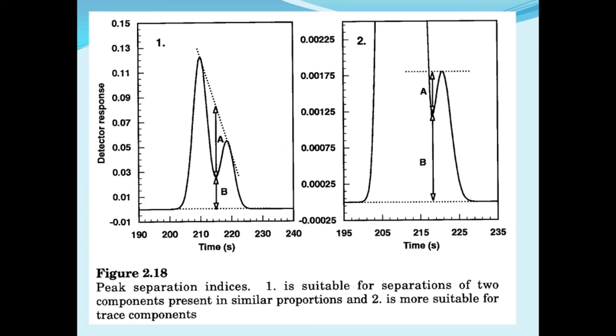This is figure 2.18 for calculation of the peak separation index S. Here, in figure 1 and figure 2, 1 is suitable for separation of two components present in similar proportion and 2 is more suitable for trace components.